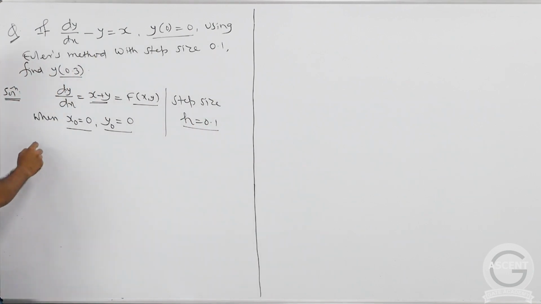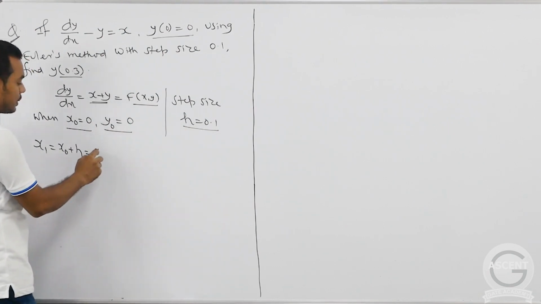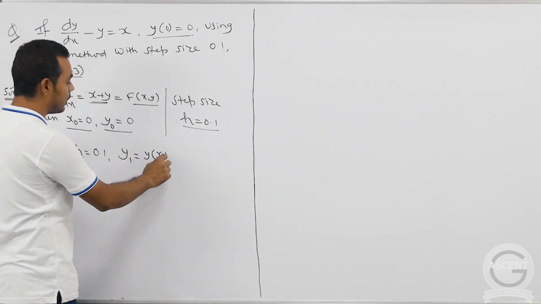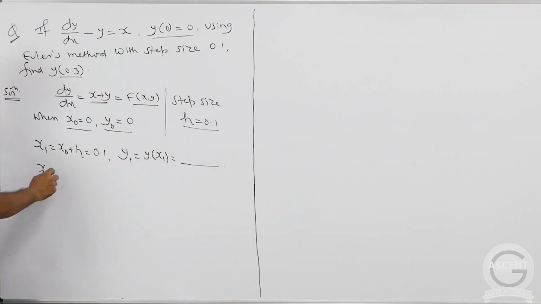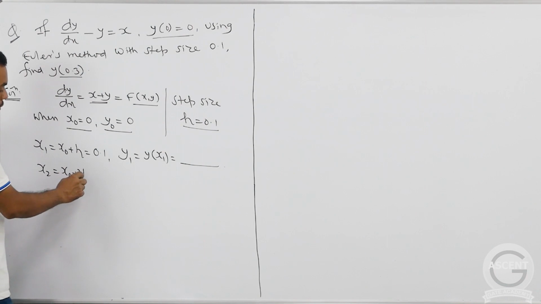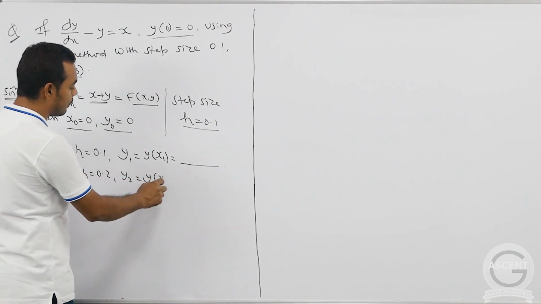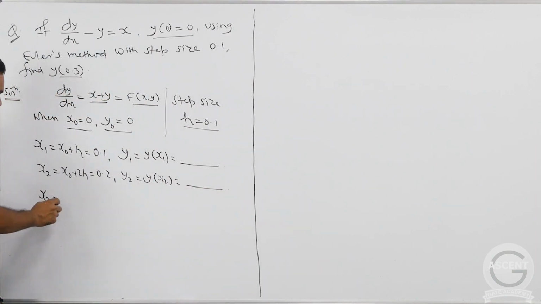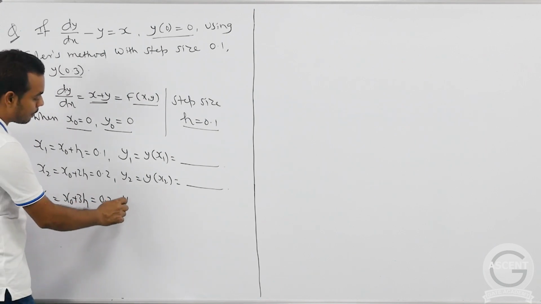Now first we have to calculate the value of x1. x1 will be x0 plus h. x0 is 0, h is 0.1, so this will be 0.1. y1 will be y of x1, which we need to calculate. We'll see how to calculate this. Then x2 will be x0 plus 2h, so this is 0.2, and y2 will be y of x2, which again we need to calculate. And finally x3 will be x0 plus 3h, so this is 0.3.